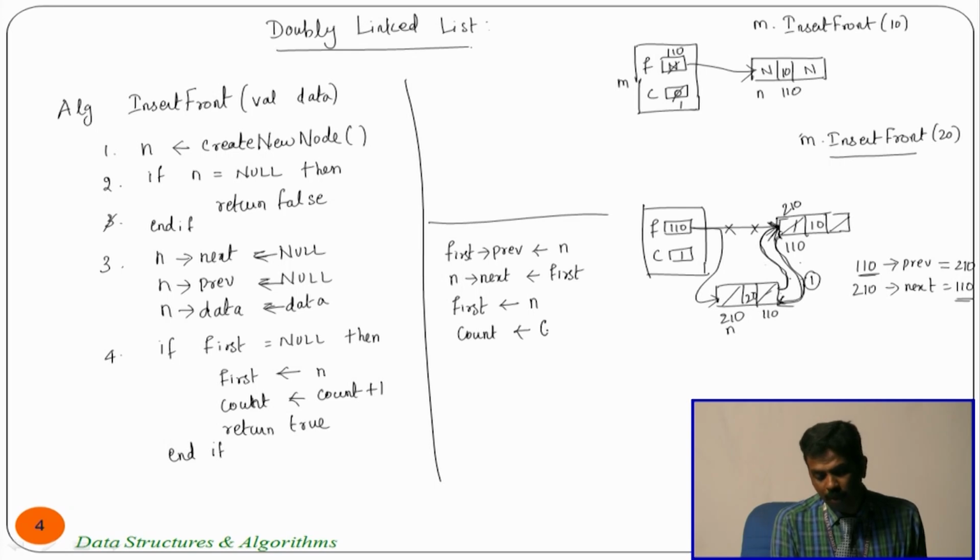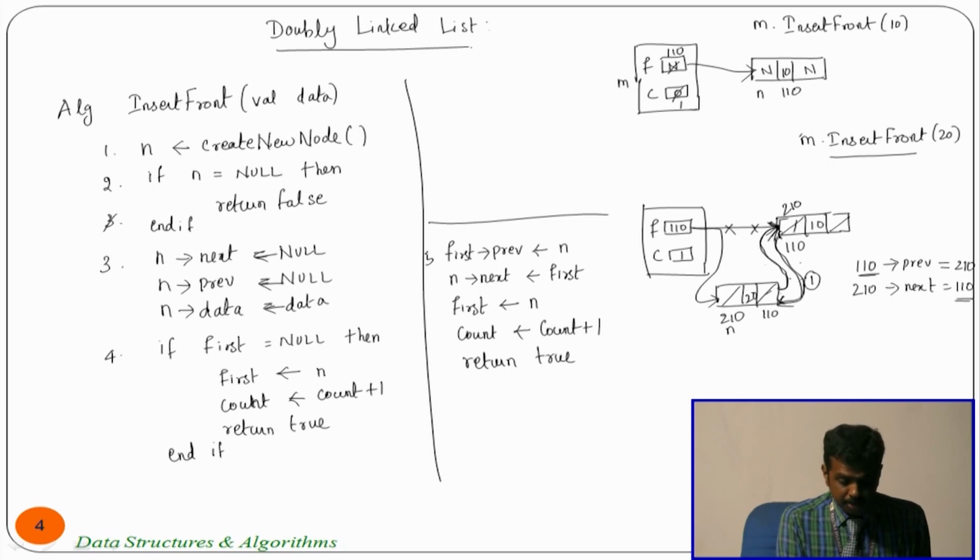Count equal to count plus 1 and then return true. So this is the fifth step, if it is not a first node, that is, if the list is not empty, we have to execute this one, then end insert front.